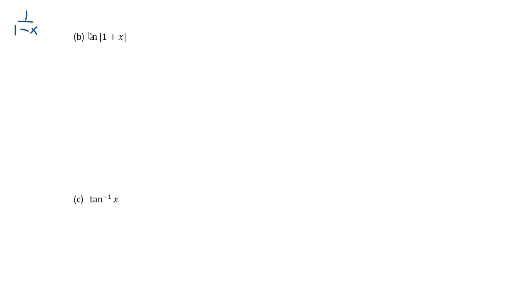Well, I do notice that I can recall that the natural log of 1 plus x is the integral of 1 over 1 plus x.